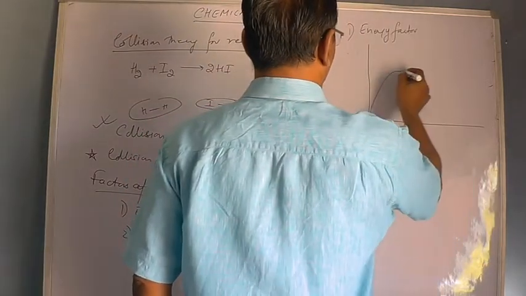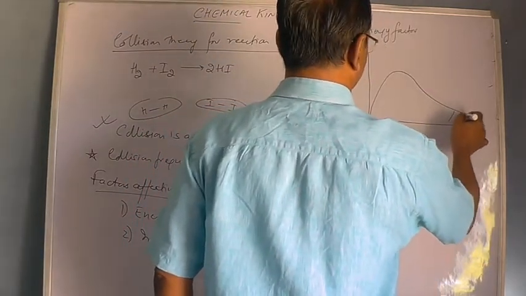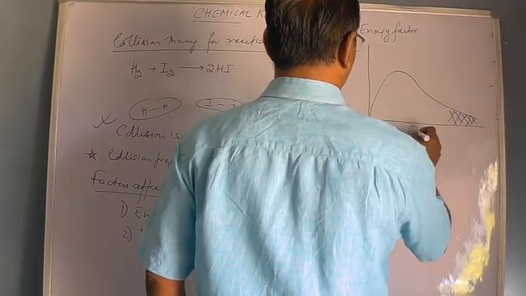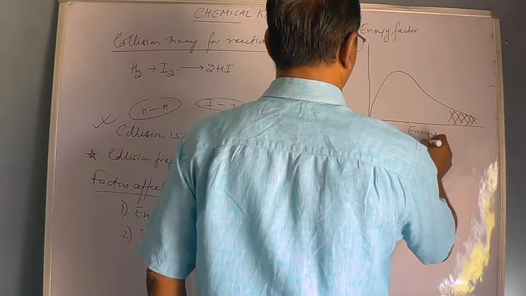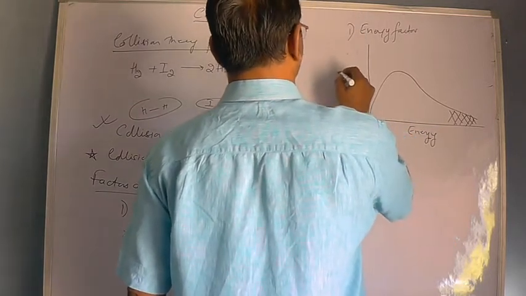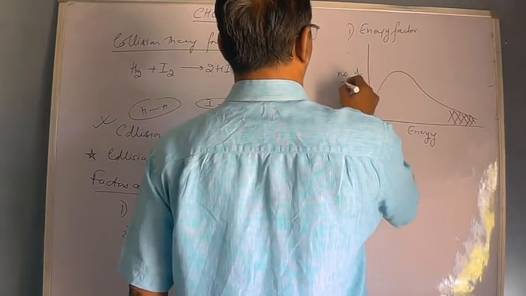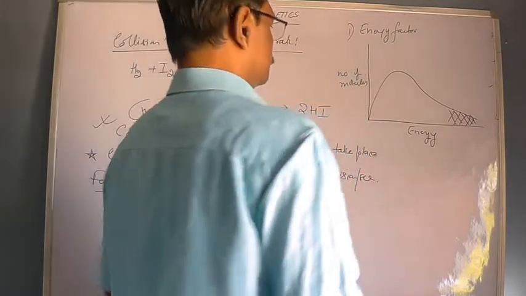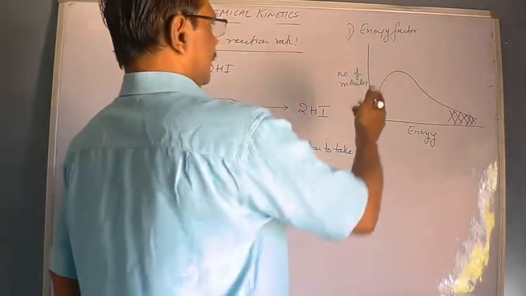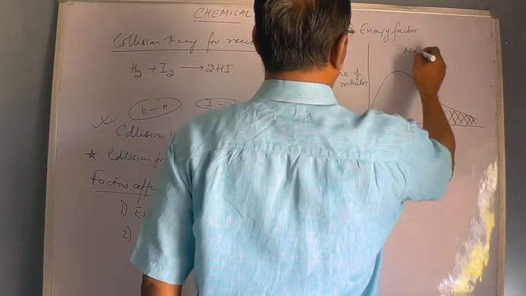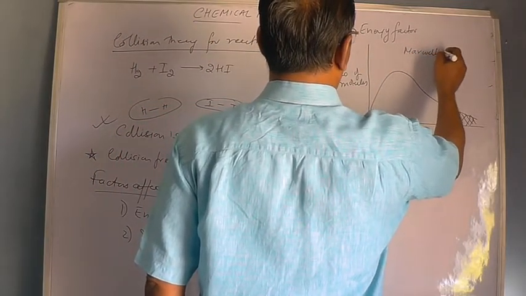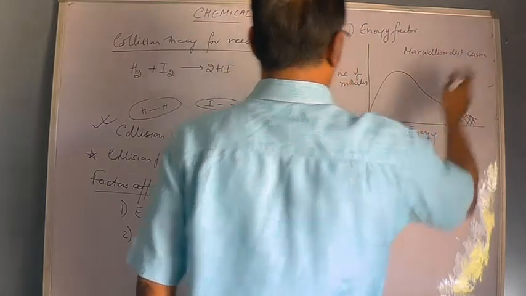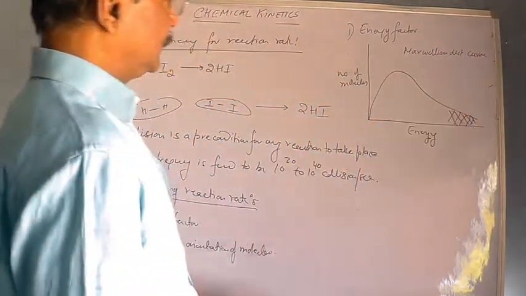Class, this graph you studied in class 11. Here we are plotting energy and here we are plotting number of molecules. And class, this was your Maxwellian distribution curve. There were three outcomes.